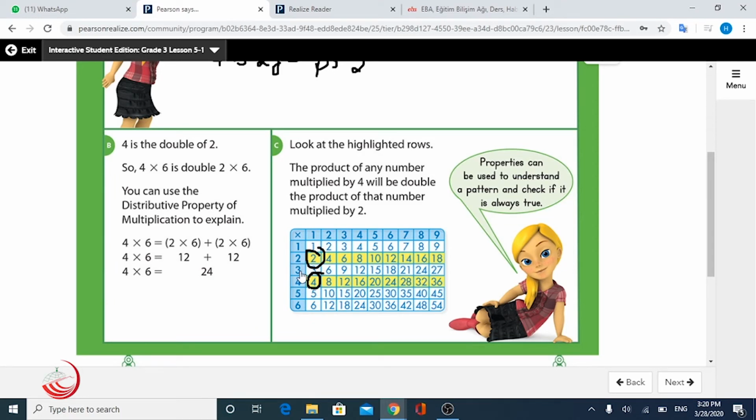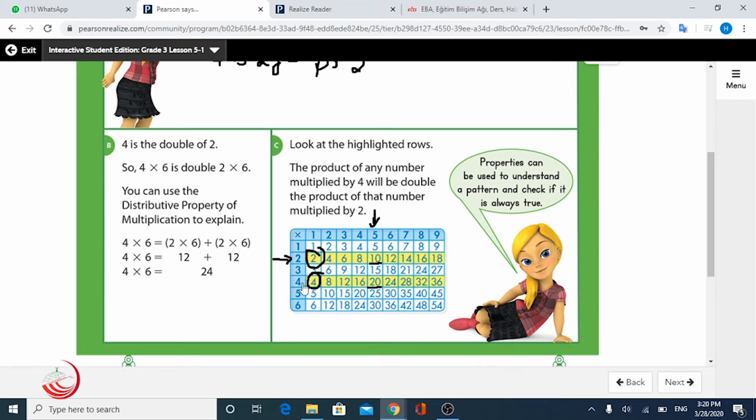Let's see if it is true with 2 times 5. Okay, 2 times 5 equals 10, and 4 times 5 equals 20.